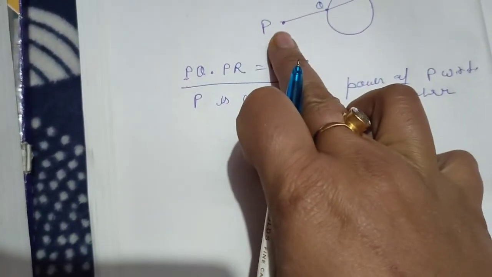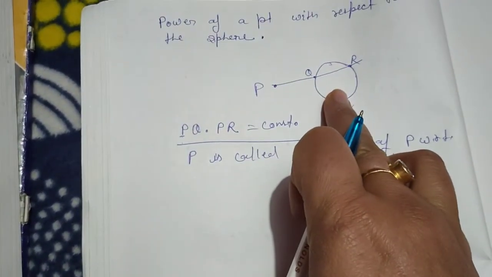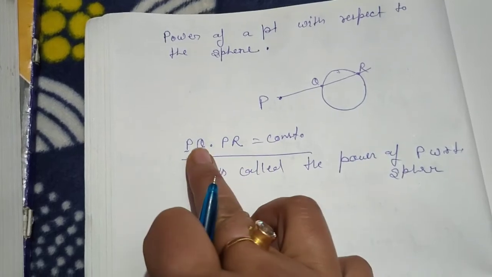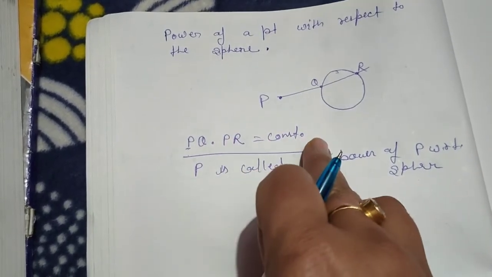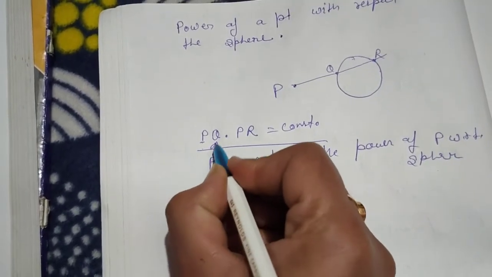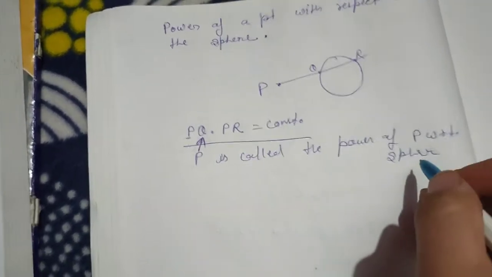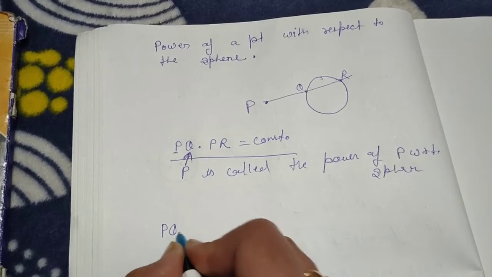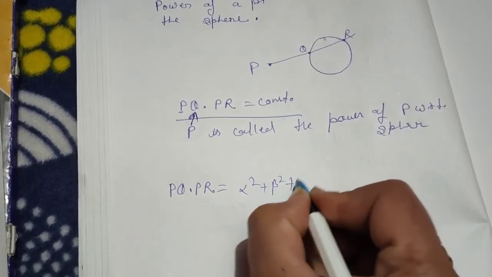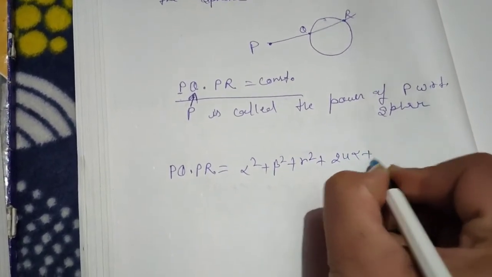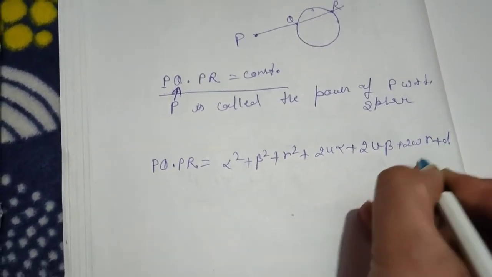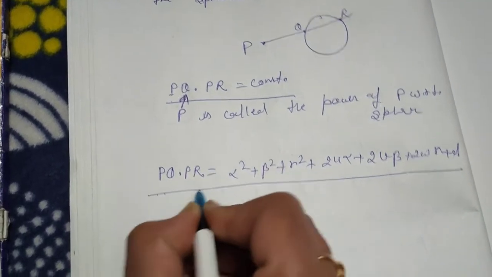If from a given point P a line is drawn intersecting a given sphere at points Q and R such that PQ times PR is equal to a constant, then PQ times PR is called the power of P. When we find PQ dot PR, it is equal to alpha square plus beta square plus gamma square plus 2u alpha plus 2v beta plus 2w gamma plus d. This is the power of P.